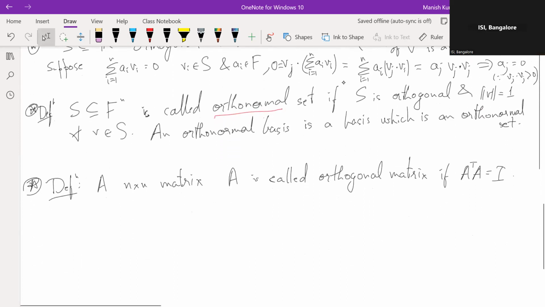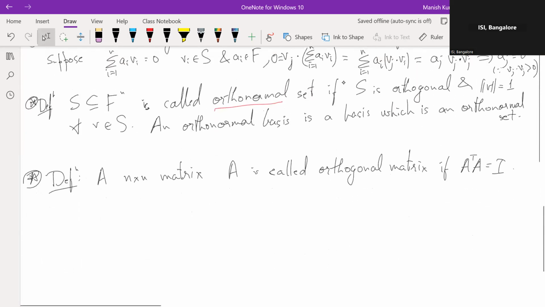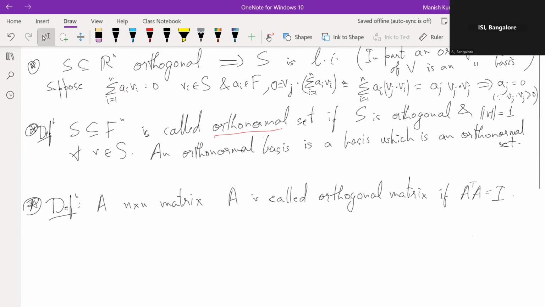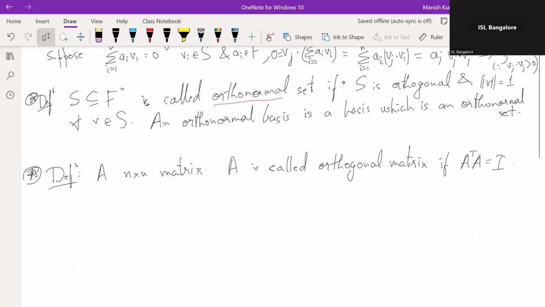Okay, so n cross n. Now we will define what an orthogonal matrix is. An n cross n matrix A is called an orthogonal matrix if A transpose A is the identity matrix. Let's see some examples before discussing more.